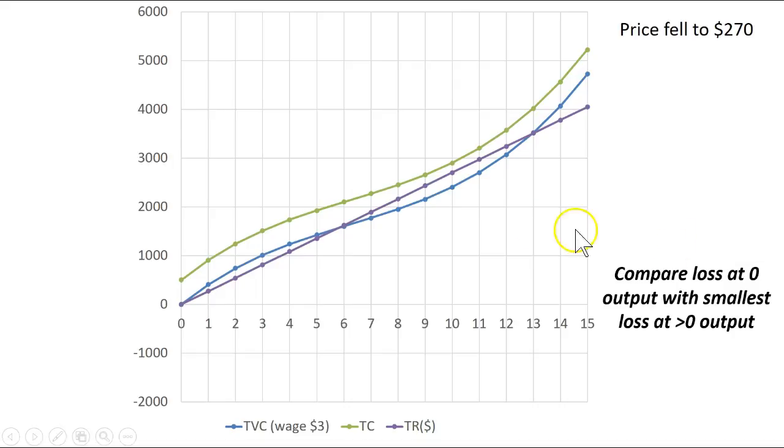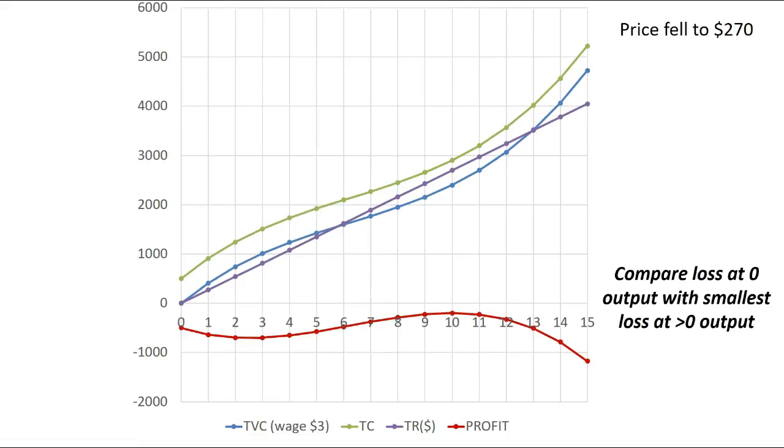In this case, we can still see that the total revenue curve, the purple straight line, is still always below the total cost curve. So it makes a loss at every level of output. But in this case, as we'll see, that doesn't mean the firm should close down.